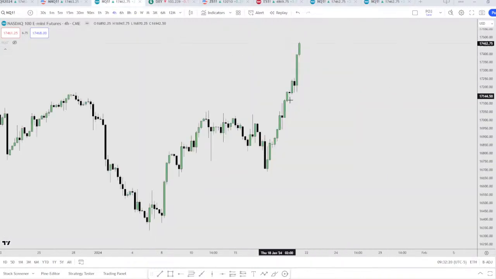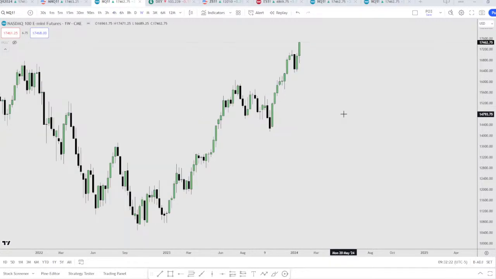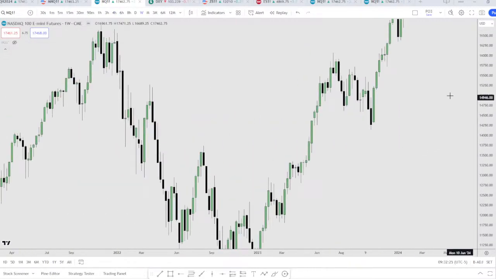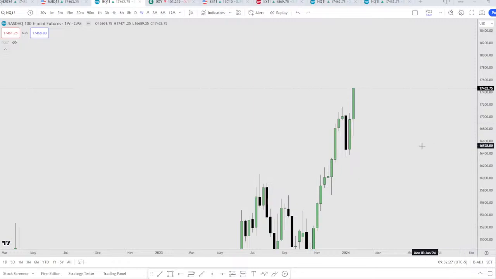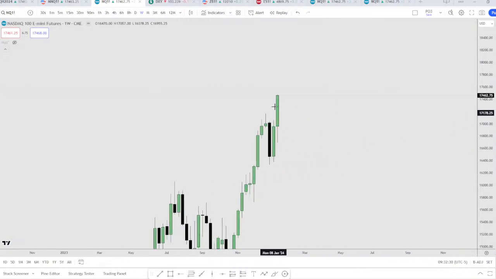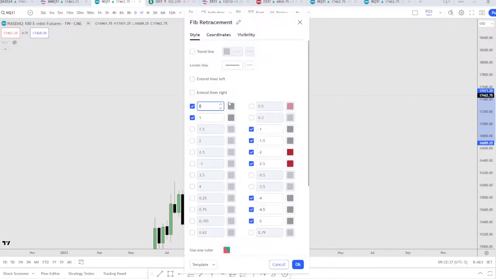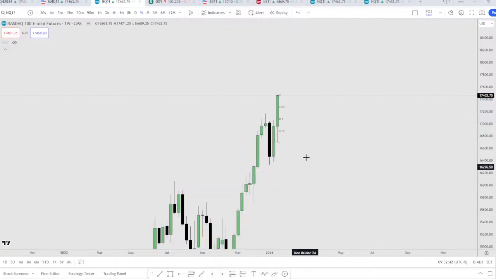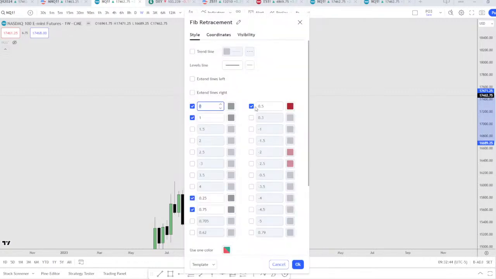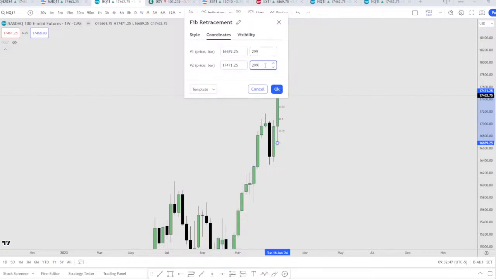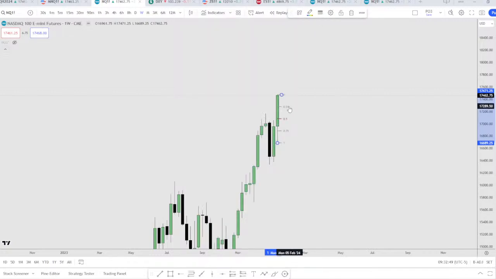Okay, on the weekly chart, if we are going to see continuation higher and not consolidation, we are most probably going to get a retracement into 2.5 minimum before higher prices.